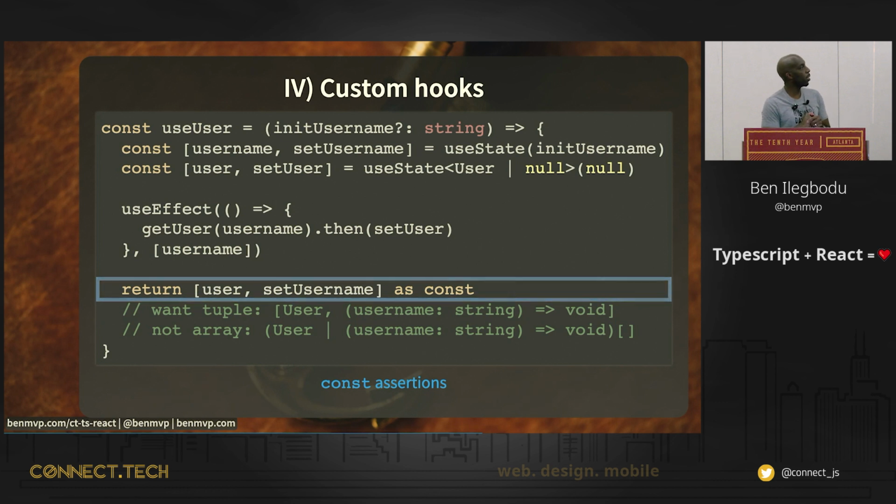So let me see if I can try to break this down. So what TypeScript will infer from this. So the tuple is a user object first in item 1, and it's a function set username, which will update the state in the second item, right? So user object first, function second, all right?